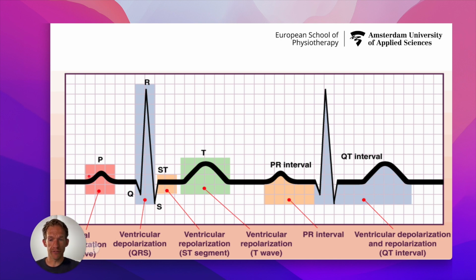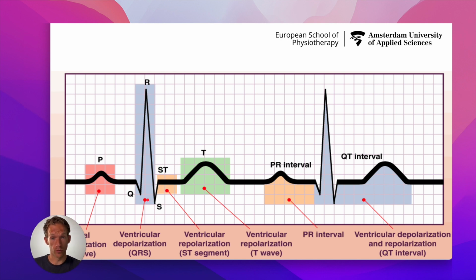The P wave is showing at the point where the atria depolarize. So it's the first part of the cardiac cycle, as you know. So the P wave represents the depolarization of the atria. But then once the atria have depolarized, the signal will spread, as you know, and the ventricles start to depolarize while the atria repolarize at the same time. And that is covered under the QRS complex.